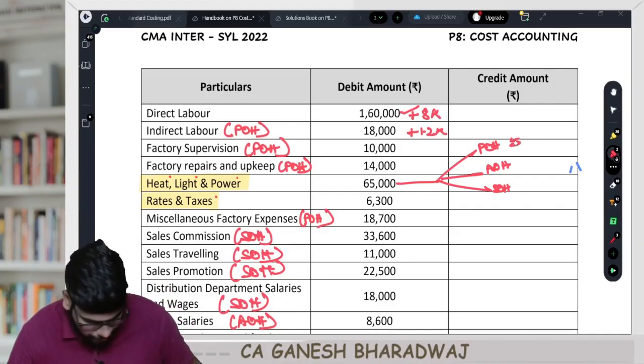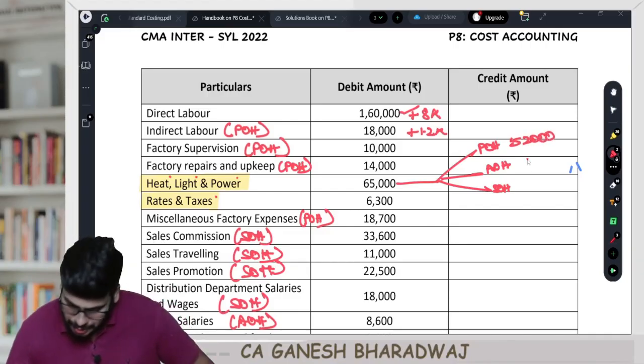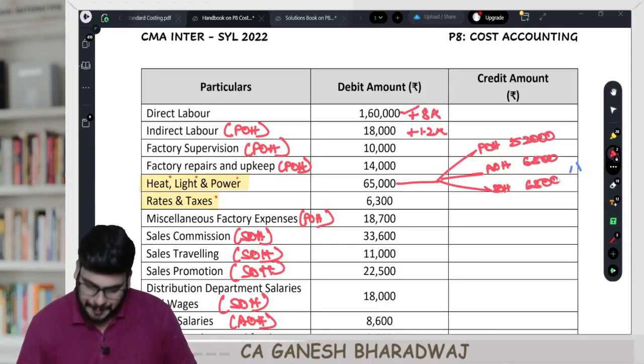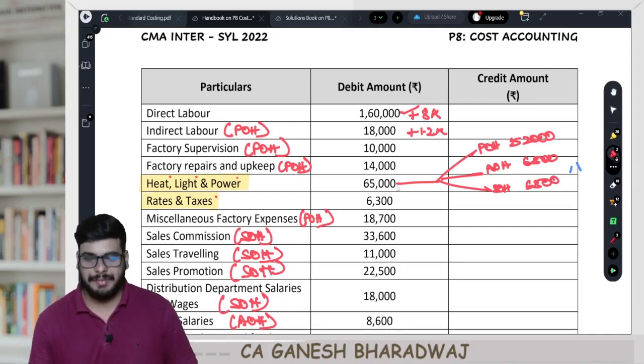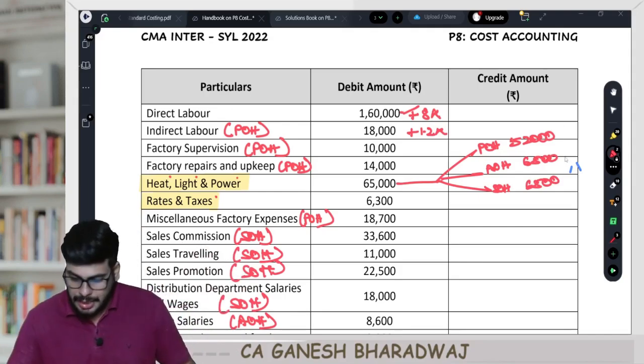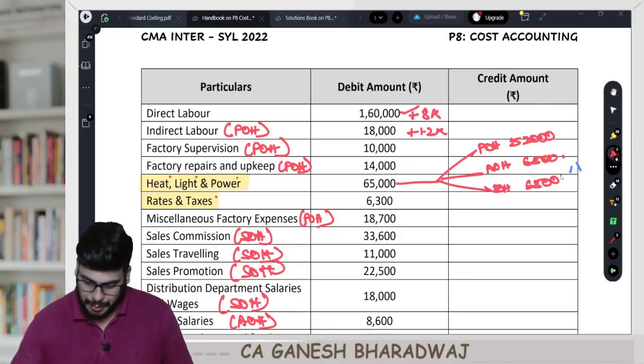So it's going to be 52,000 rupees. 1 by 10, how much is this? 6,500. And here 1 by 10, 6,500. So basically out of this 65,000 rupees, 52,000 will be treated as production overheads, 6,500 as administration overheads, and 6,500 as selling overheads. Clear with this, guys, right?